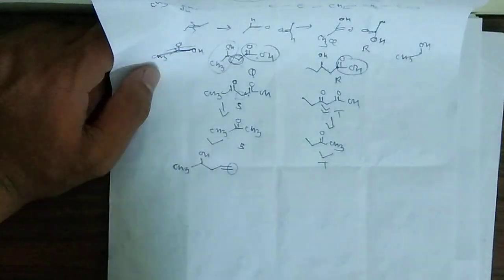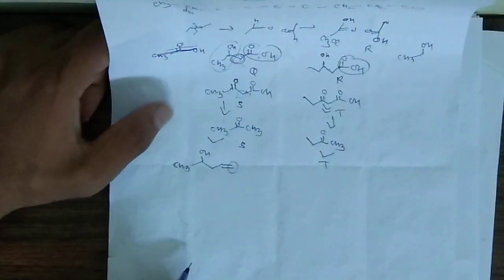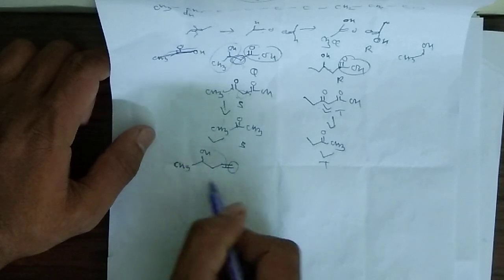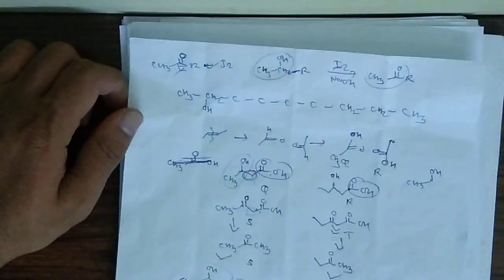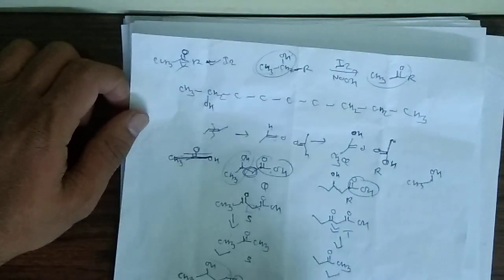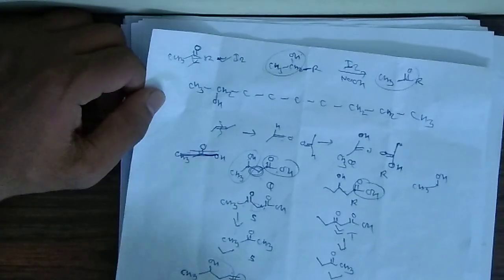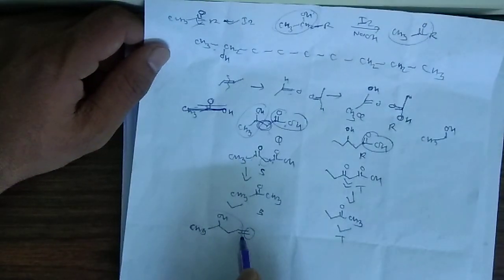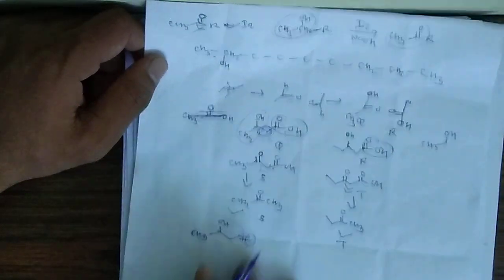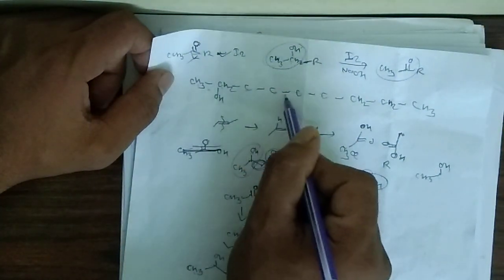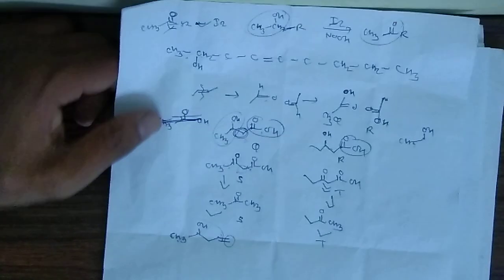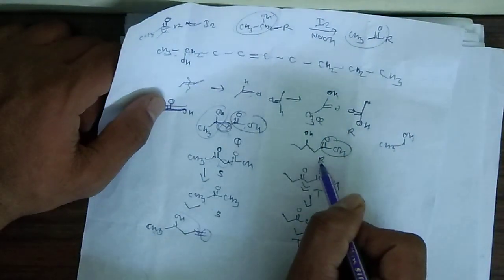But this carbon is not of Q. So this is our part of Q from that structure. So where can it match? Here. So CH3, here CH3 OH, the double bond should be after 1 2 3 4 carbon atoms, and here our double bond should be. So this is formed.